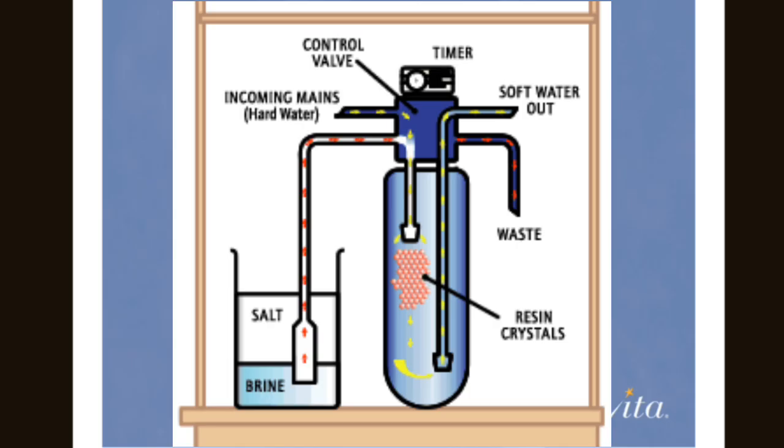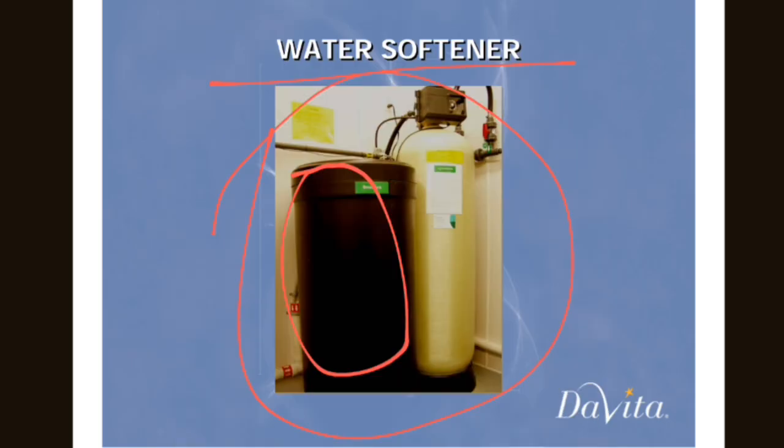After the regeneration process, we can again purify our water to become softer water by removing calcium and magnesium from the water in that water softener.